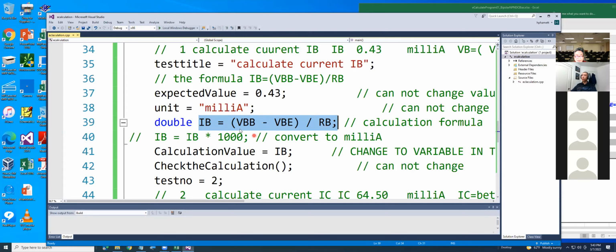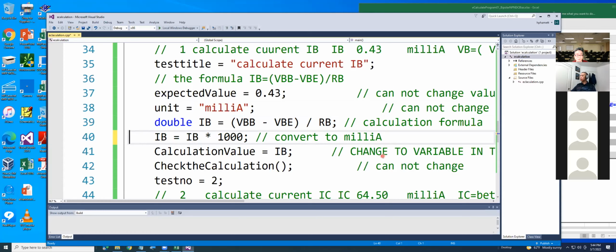So the IB coming out will be in ampere, not milliamp. However, the unit here I want is milliamp. So that's why you'd better add one line to convert into milliamp: IB equal IB times 1,000. That's the comment here: convert to milliamp.